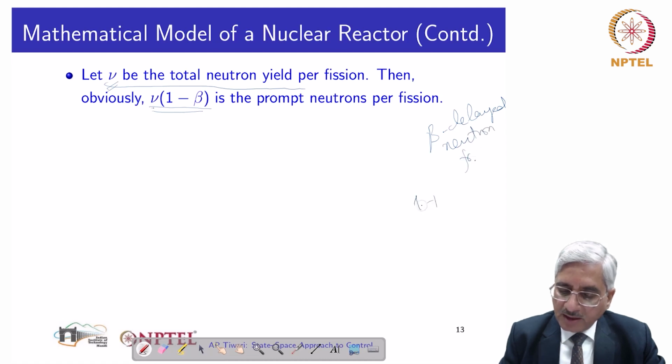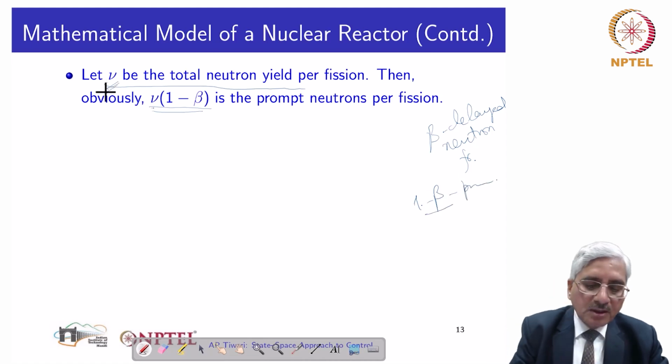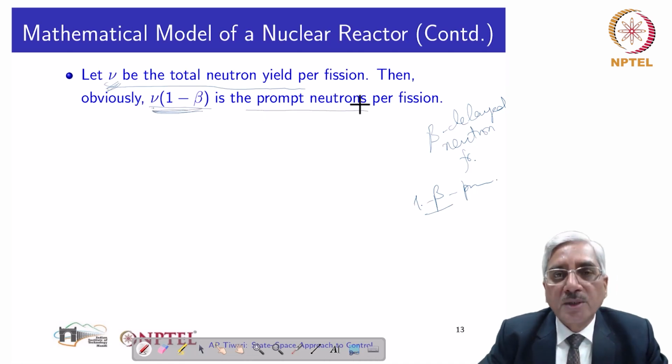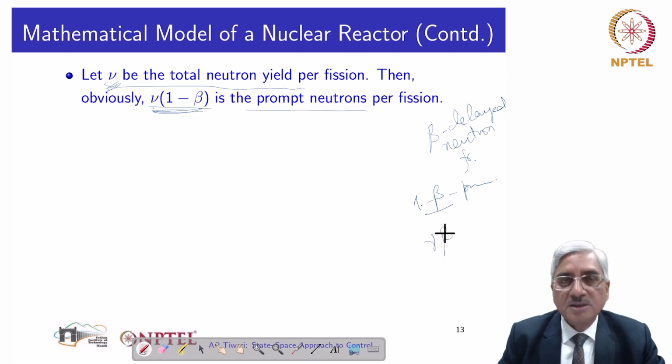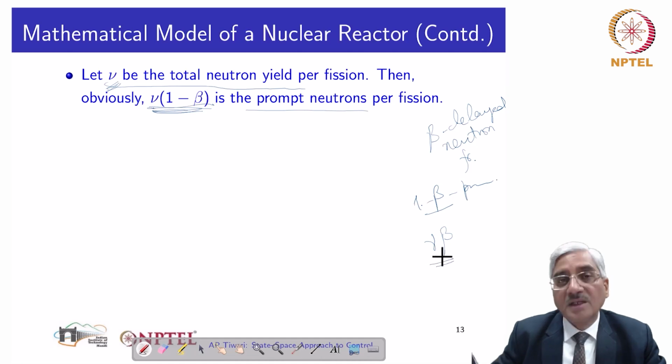So 1 minus beta is the prompt neutron fraction, and the fraction multiplying the total number is nu (1 minus beta), which becomes the prompt neutrons released per fission. And so nu beta will be the delayed neutrons released per fission. But these do not come immediately; they will come later, depending upon that half-life or the decay constant.